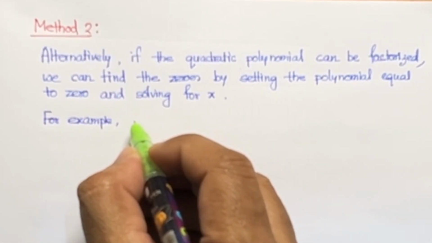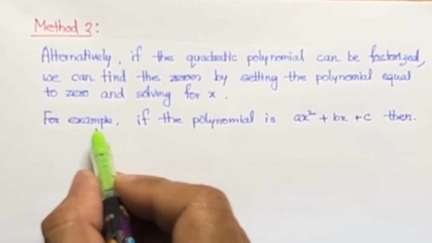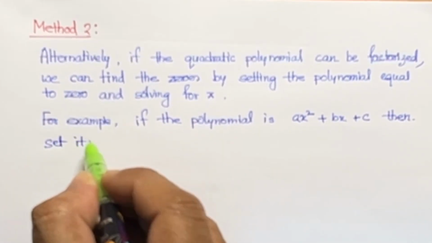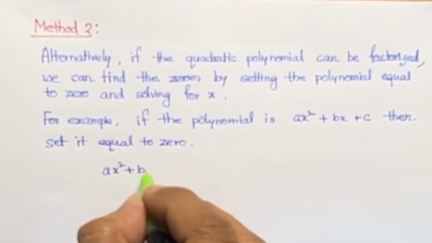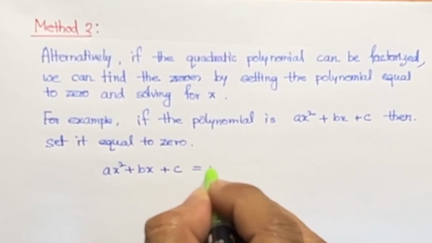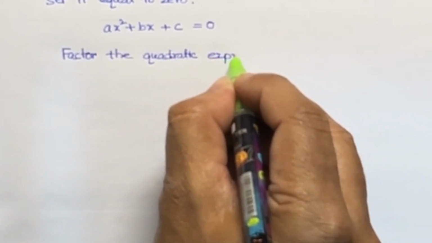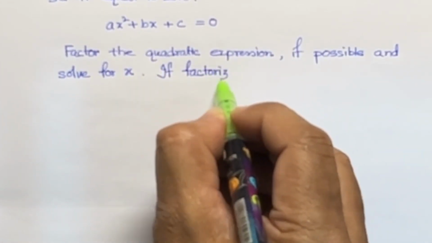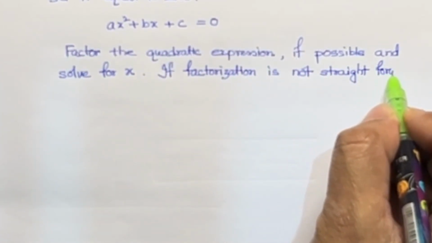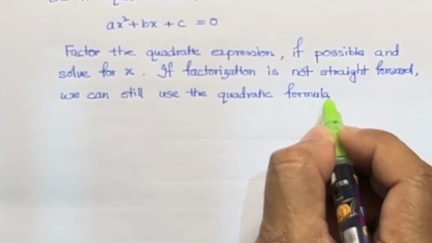For example, if the polynomial is ax square plus bx plus c, then set it equal to 0, that is ax square plus bx plus c equal to 0. Factor the quadratic expression if possible and solve for x. If factorization is not straightforward, we can still use the quadratic formula as a reliable method.